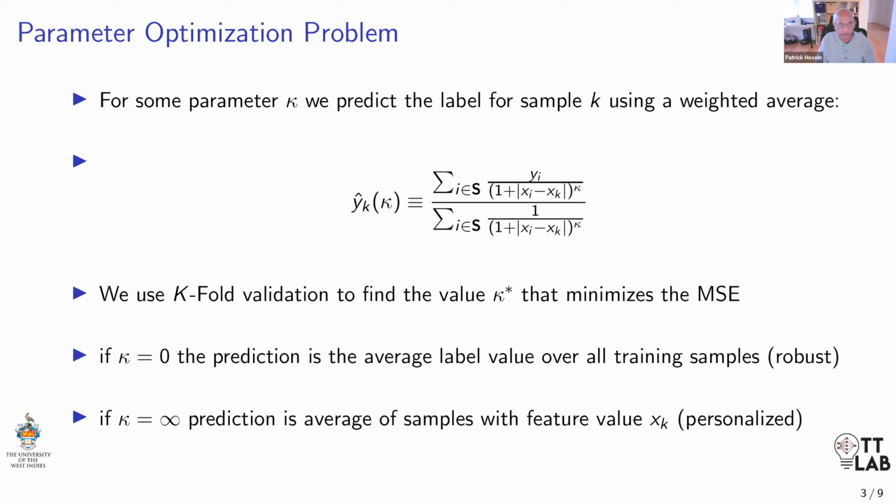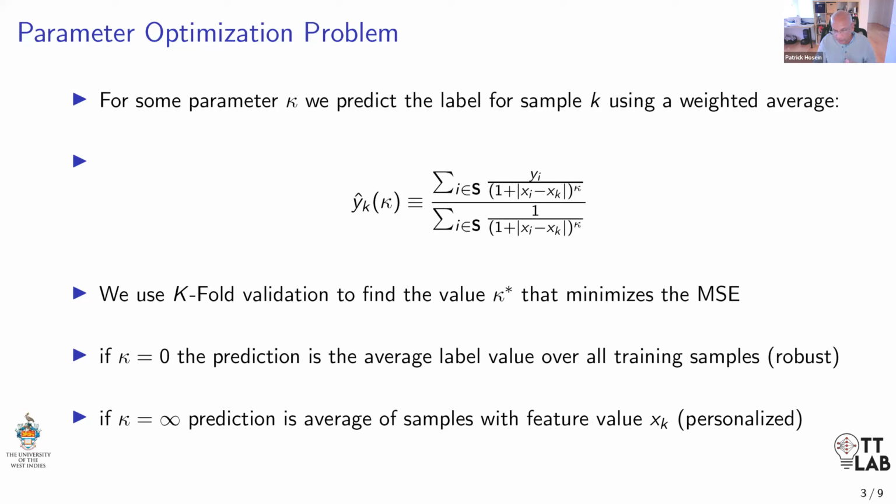As kappa goes to infinity, if there is at least one training sample corresponding to the test sample in terms of that feature, then you go to the average value of the target value over all samples with the same feature value as the test sample. So you get fully personalized in the case of kappa going to infinity.